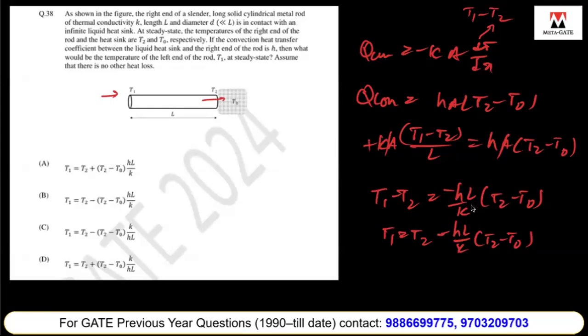We have made a mistake here. So it will be T1 equal to T2 plus (T2 minus T0) into hL by K.